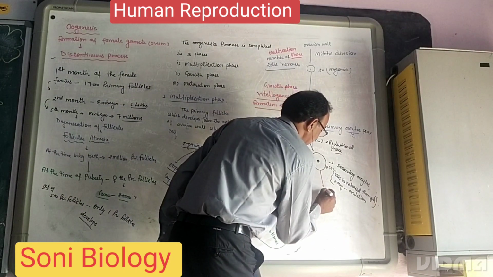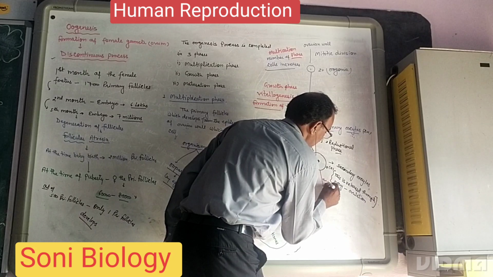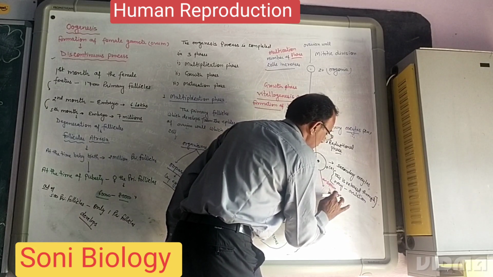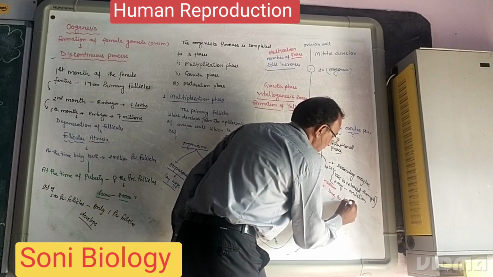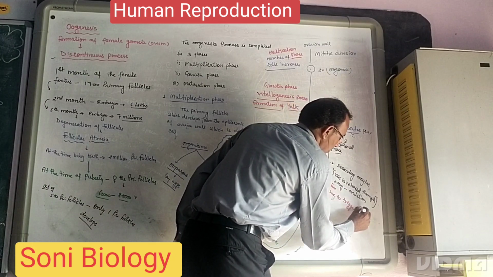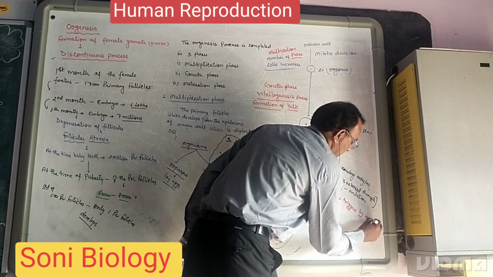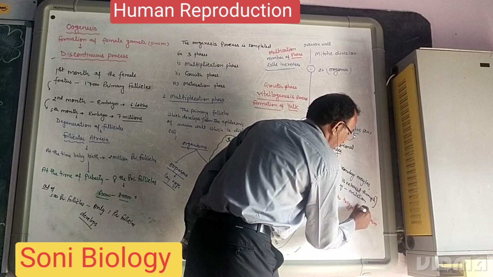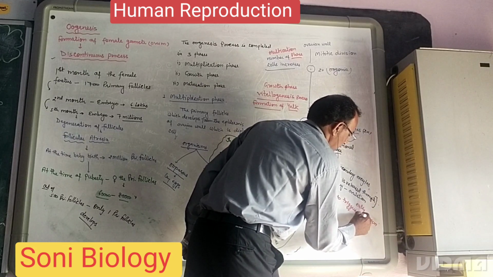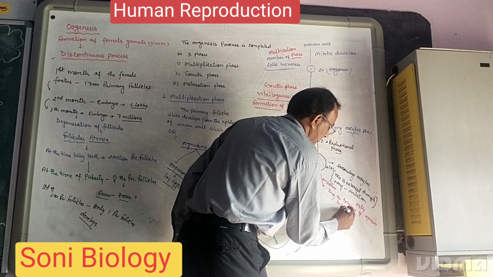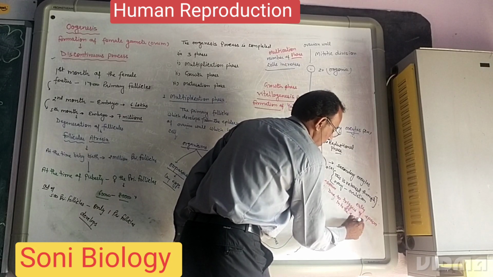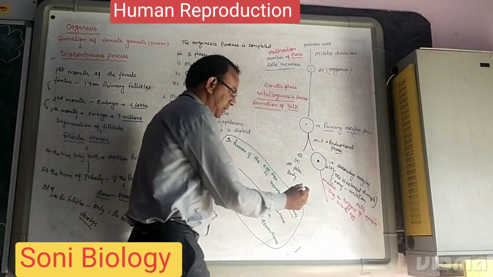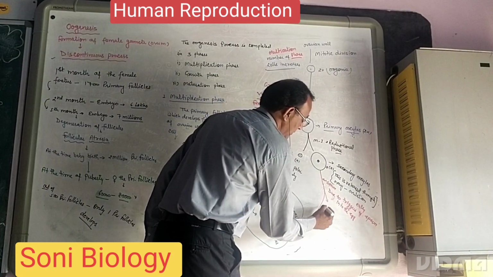If suppose this cell gets a sperm, triggered by the sperm, or we can say due to the trigger of the entry of sperm into it, then another division can take place.